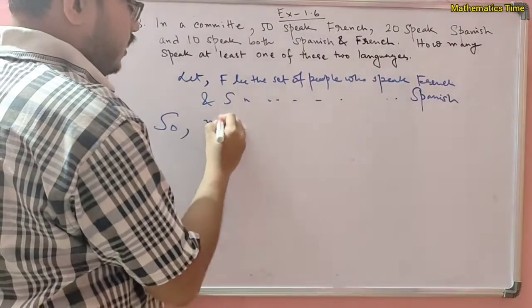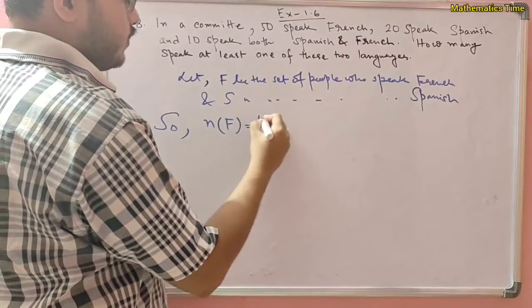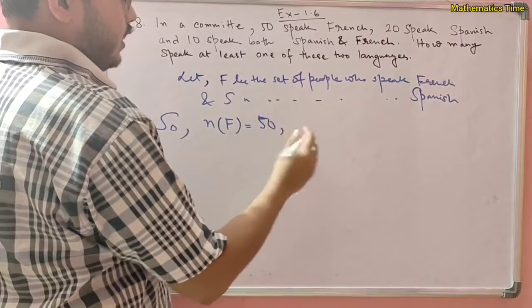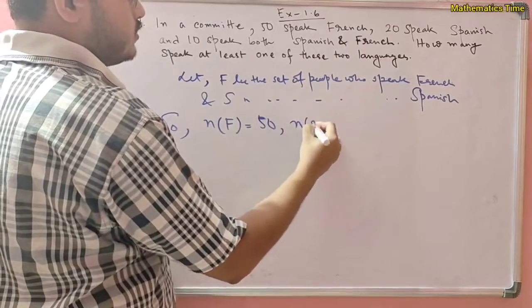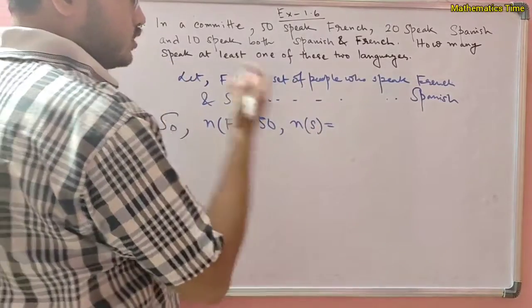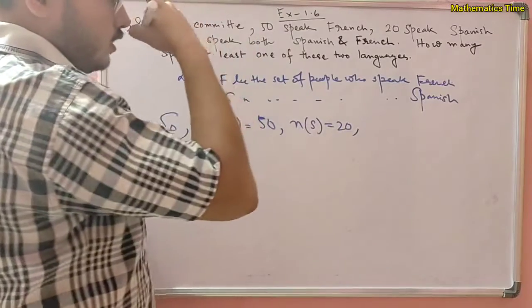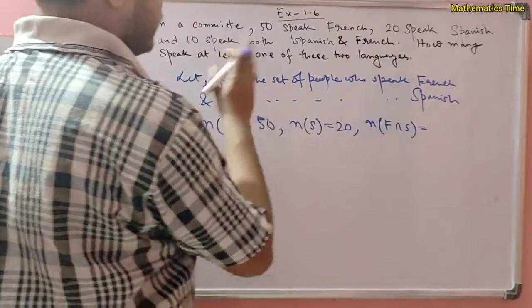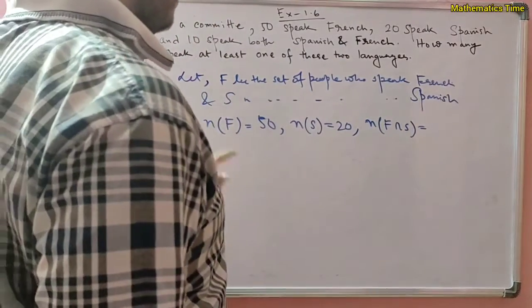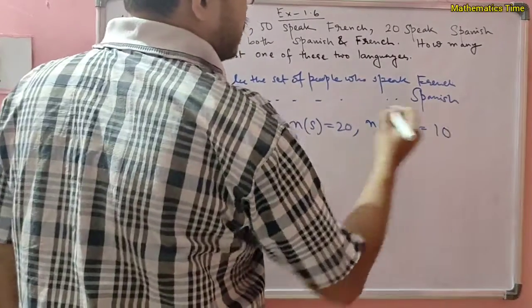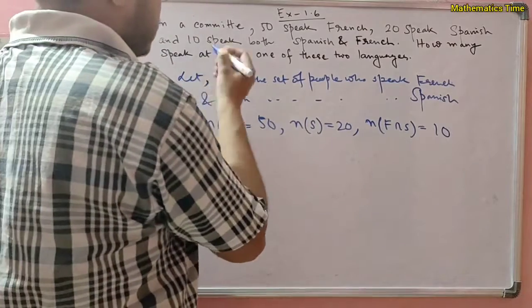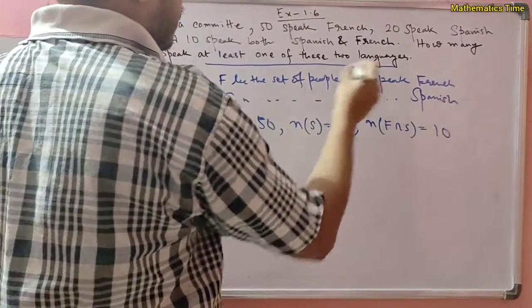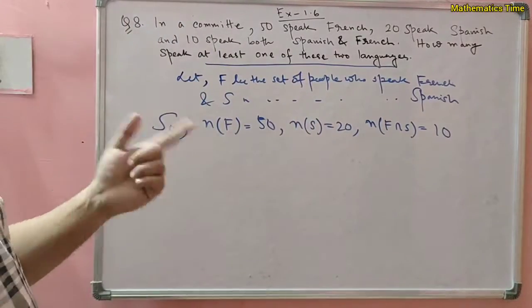So n of F, the number of people who speak French, is 50, it's given, and n of S, the number of people who speak Spanish, is 20, and n of F intersection S, the number of people who speak both Spanish and French, is 10. We have to determine how many speak at least one of these two languages.